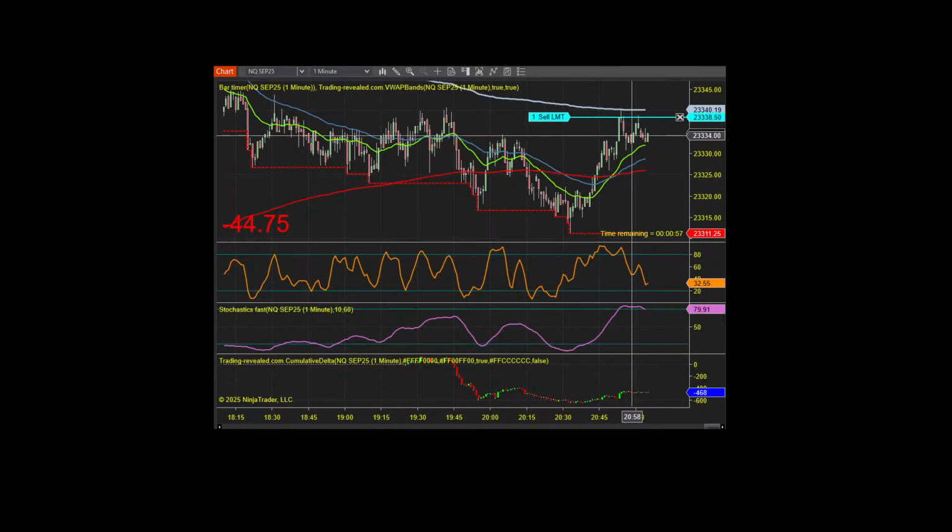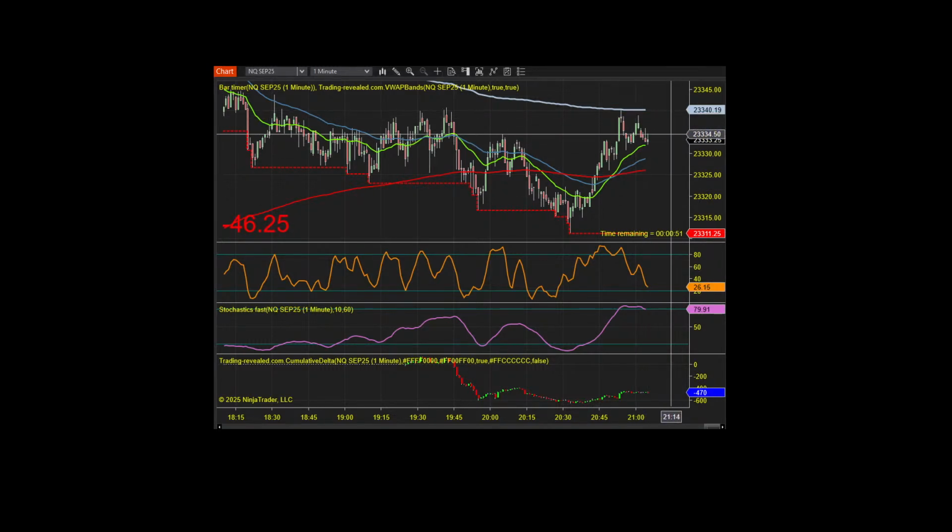Could rotate back up. Okay, so let's see. We probably missed this. I'm gonna take that off.